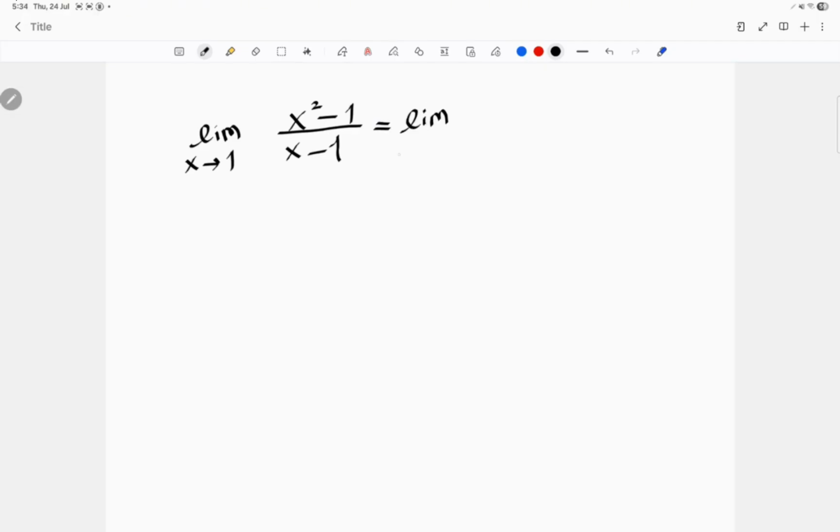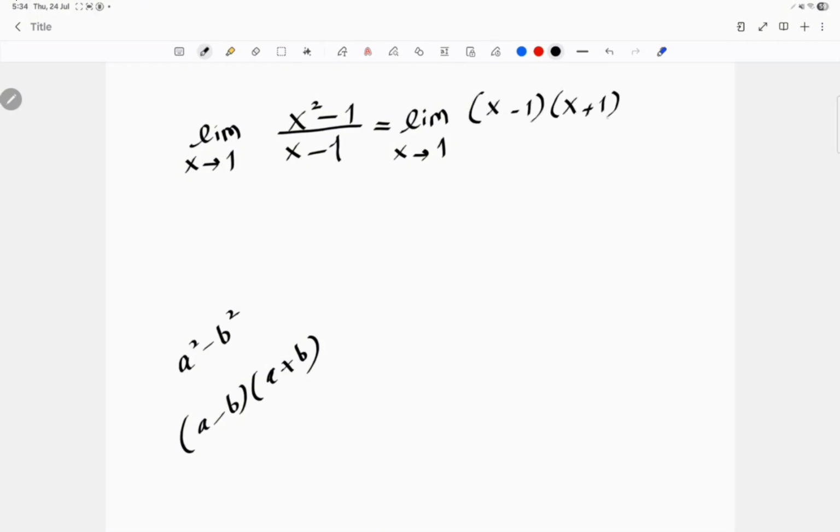Now, I want you to factor. Do you recall how to factor a squared minus b squared? Yeah. What's the answer to that? 2 brackets, 1 negative and the other positive. Perfect. So 1 times x minus 1, 1 times x plus 1 over x minus 1. Remove them.